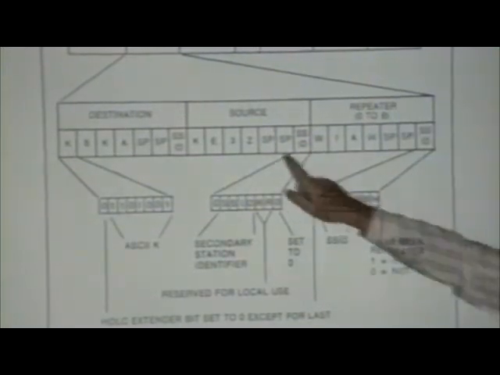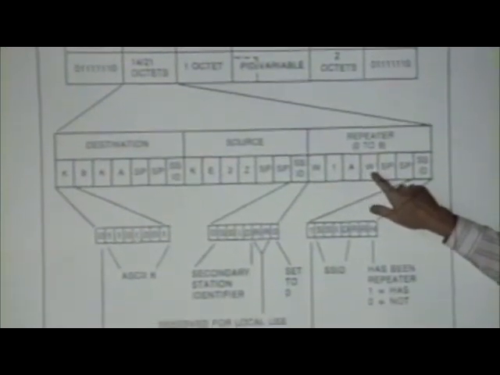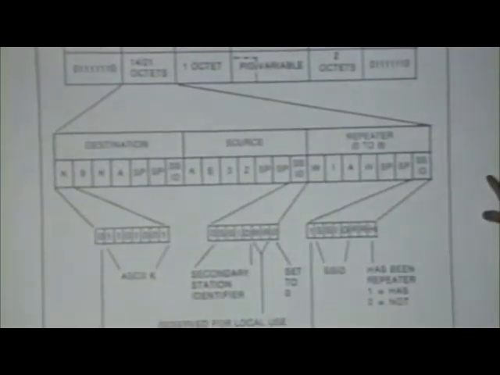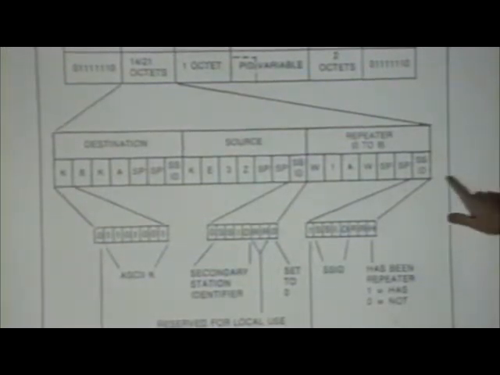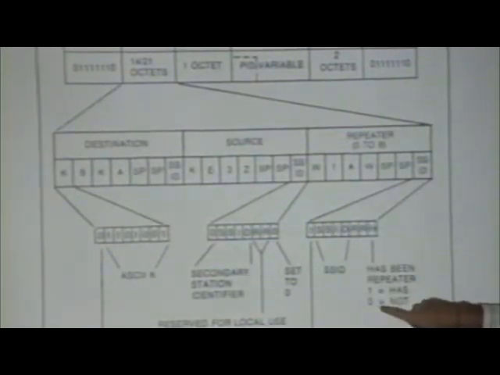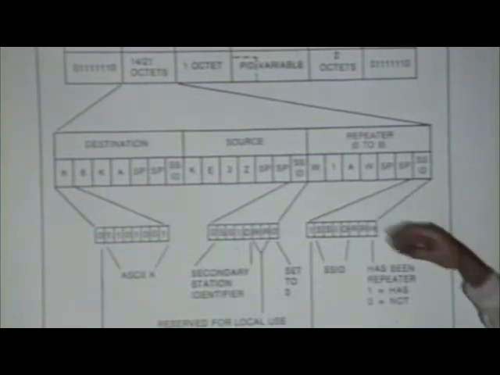Well, when this station first sends it, this repeater hears it, the second repeater hears it. The second repeater looks in and he sees that the bit is 0. So he knows the first repeater hasn't sent it out yet. So he's going to ignore it. Make sense? The first repeater now retransmits it.